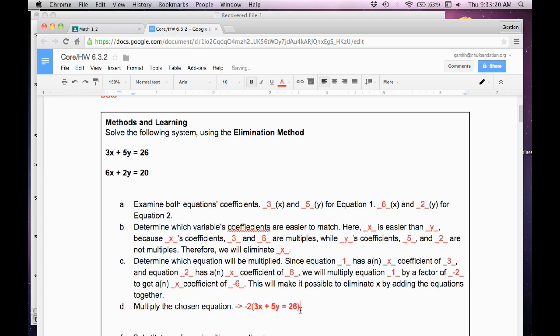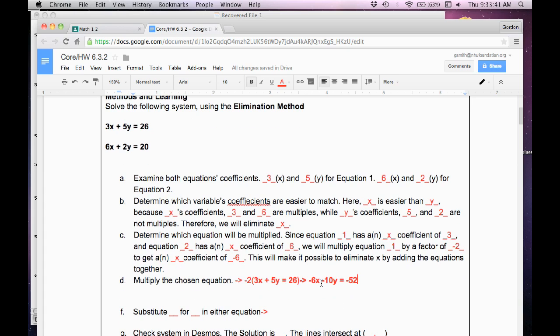Okay, so what we get, -2 times 3x is -6x. We're distributing here, so -2 times 5y is -10y, and that will equal, and this applies to both sides of the equation, so it's -2 times 26, which equals -52. All right, so we multiplied the chosen equation, and we got this one.